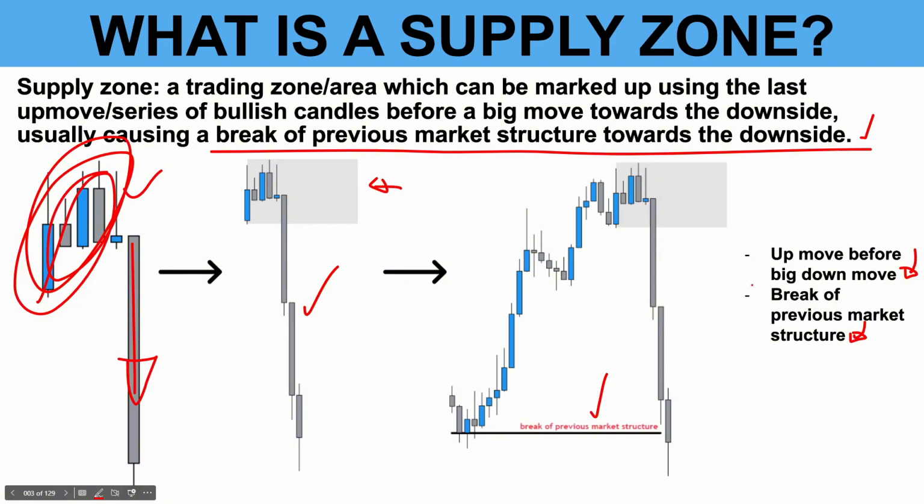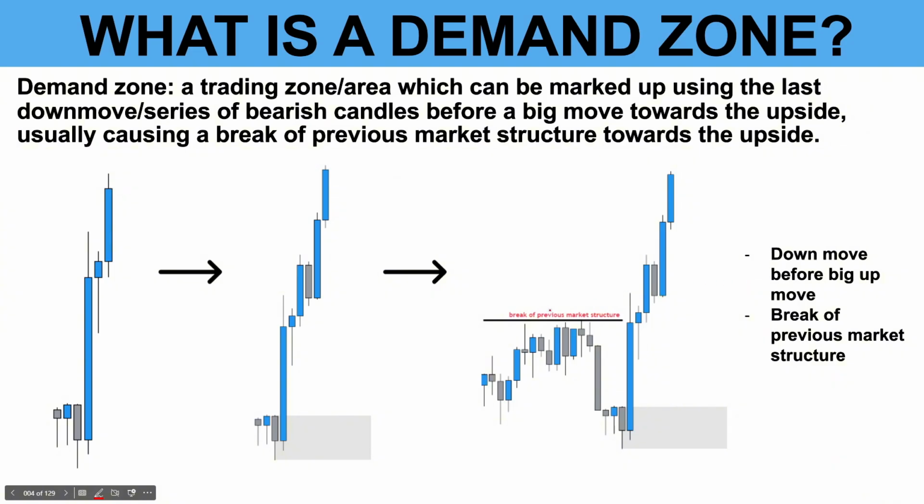And that is everything you basically need to know on how to mark up a supply zone and what it is. The next step we go on to is demand zones, which is the complete opposite of what a supply zone is. So a demand zone is a trading zone or area which can be marked up using the last down move, right?